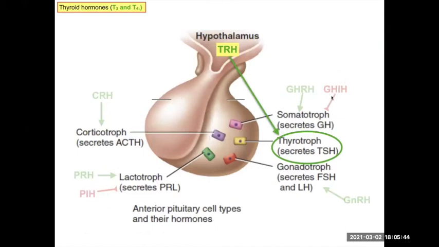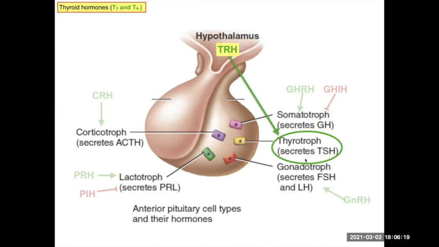All right, so that's growth hormone. And then growth hormone inhibiting hormone from the hypothalamus will also inhibit that whole thing. So another one I want to talk about here is this group of thyrotroph cells that are going to secrete thyroid stimulating hormone. In this case, these are going to be stimulated by the thyrotropin releasing hormone, which is going to lead these cells to secrete thyroid stimulating hormone.